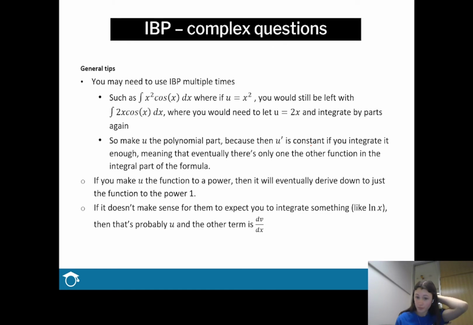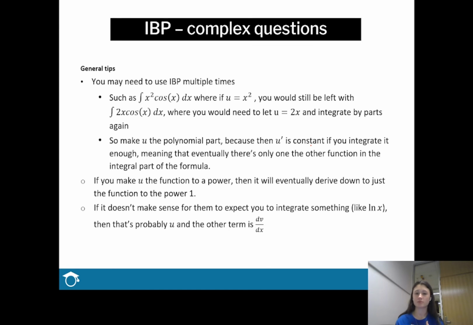So the point of this, that dot point there, is if you have a product with a smaller polynomial, such as x squared or x cubed, as a product with some other function, you can use integration by parts multiple times by letting u equal the polynomial part.